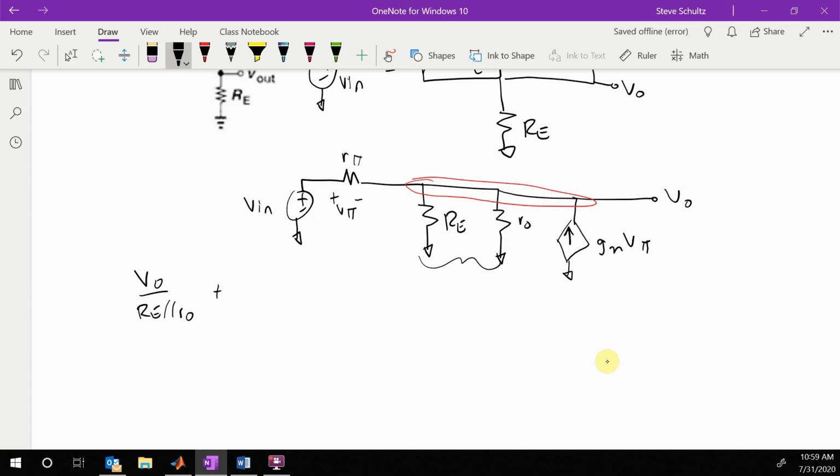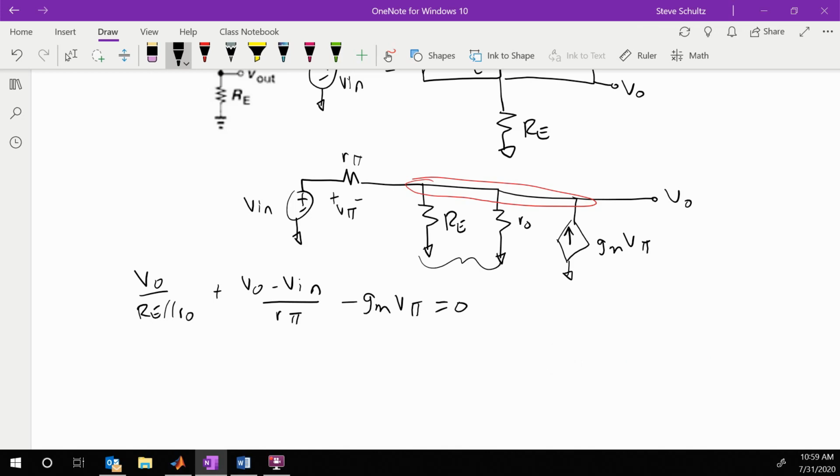Plus VO minus V in over R pi, minus GMV pi equals 0.